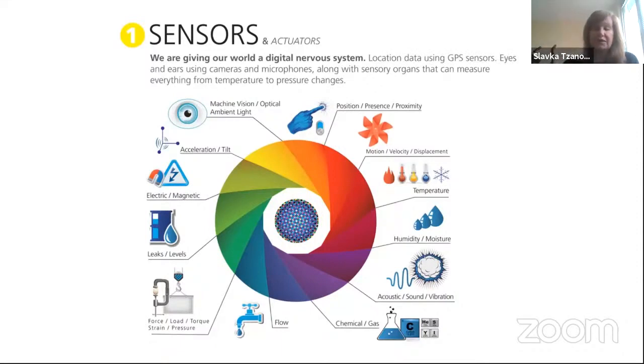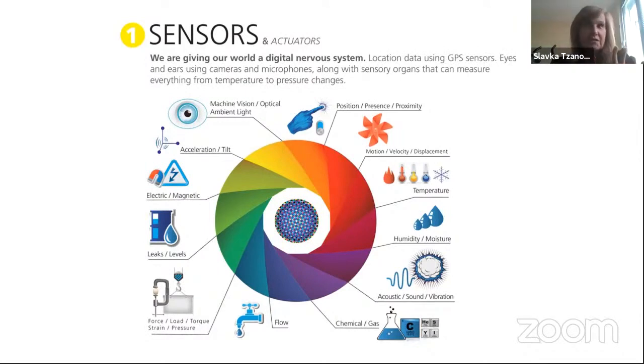I explained to you about this sensor for glucose measuring. It should be chemical. This is something that I don't know. GPS sensors, okay. Eyes and ears using cameras and microphones.